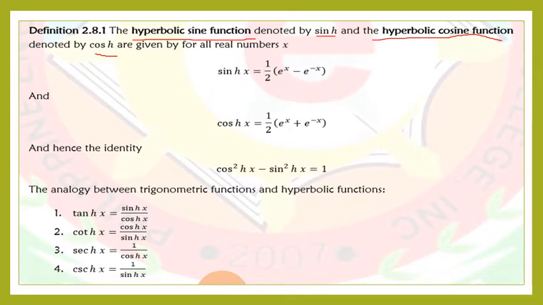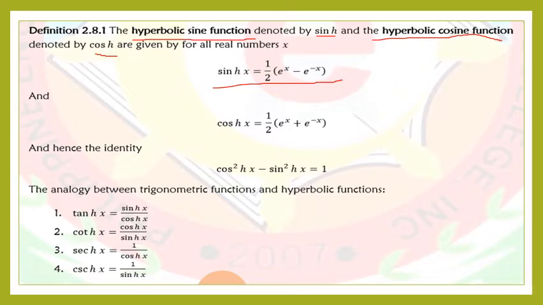So, sine h of x is equal to 1/2 times e to the power of x minus e to the power of negative x, and cosine h of x is equal to 1/2 times e to the power of x plus e to the power of negative x.